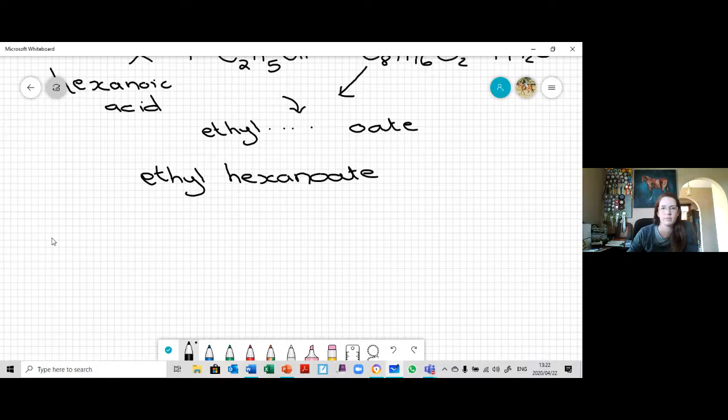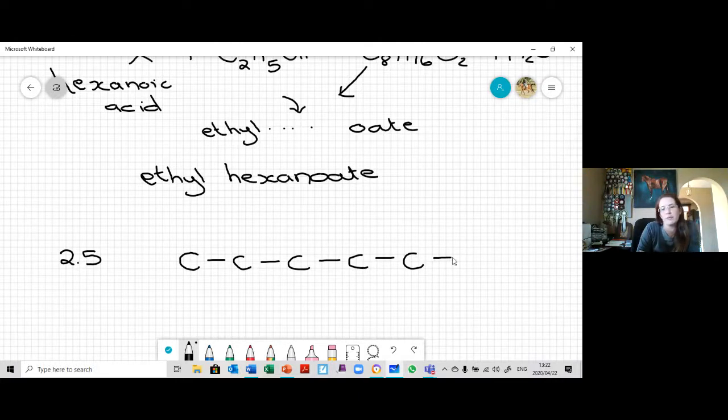Okay, they want the structural formula. Okay, hexanoic, 6 carbons: 1, 2, 3, 4, 5, and 6. Oic acid, you can put the carboxylic acid here or here, it doesn't matter.